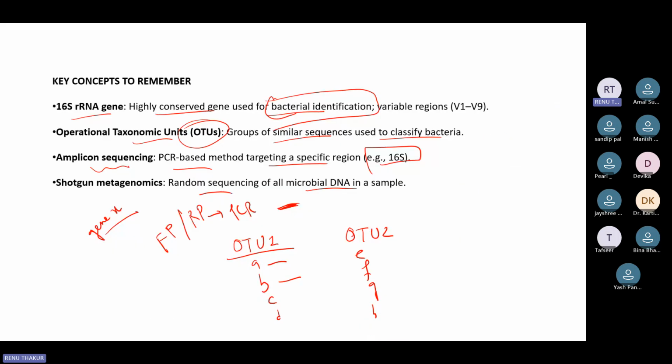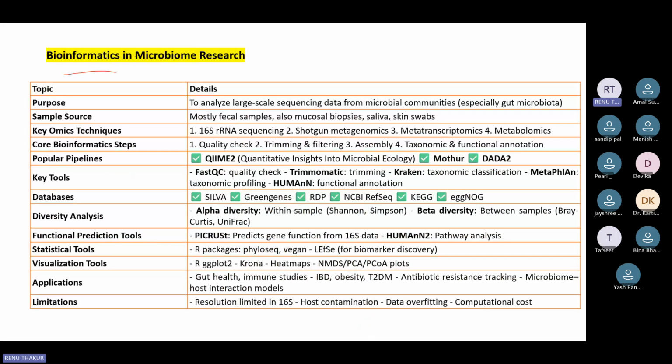For that, we need bioinformatics so that the bacteria can be grouped as per the similarity in their sequences. Accordingly, we can group A, B, C, D into phylum 1 as per the similarity, and E, F, G, H into some other phylum.